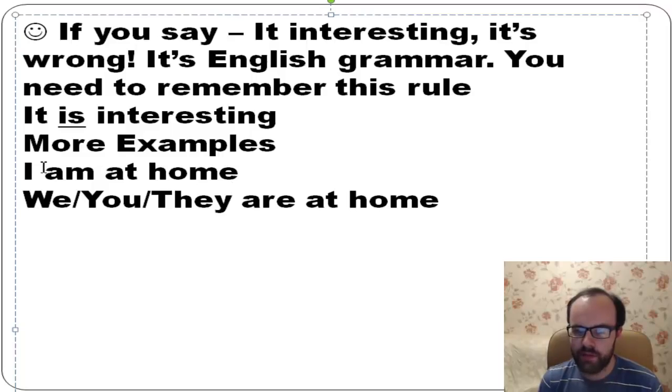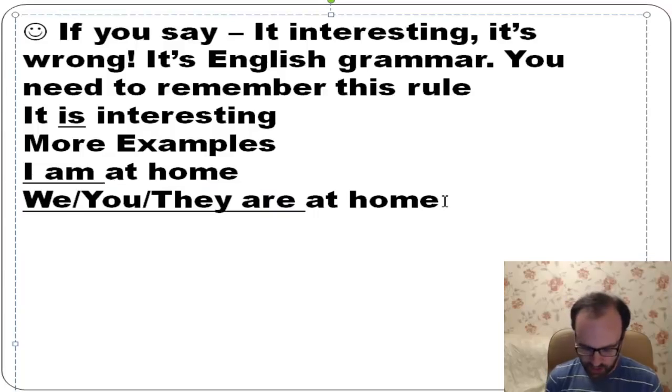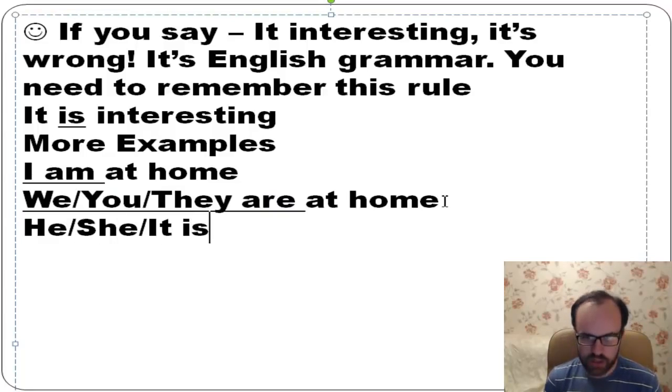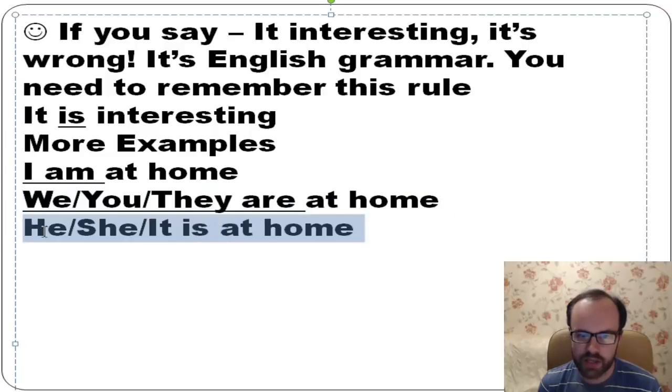So we don't have a verb in the sentence, so we use the form of to be: am, is, or are. If you have he, she, it, you use is. He is at home. She is at home. It is at home.